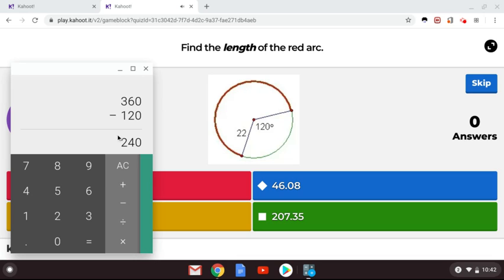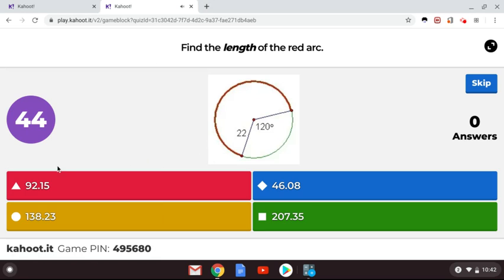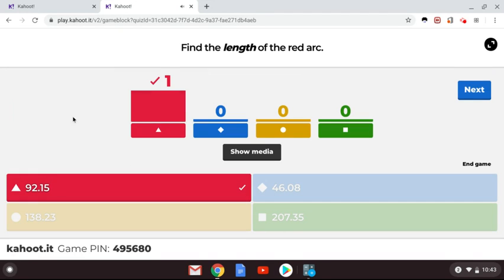So it'd be 240 over 360, that times 2 pi r, so times 2 times pi times the radius, 92.1. See, that was the thing that I messed up on the other problem. Sometimes they're going to be tricking you like that, and you'll think that the angle that they give you is the angle for the arc that you're looking for, but it's actually the opposite. So you want to make sure that you subtract that from 360. Okay.